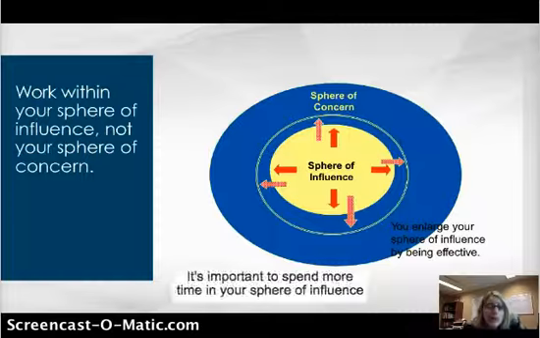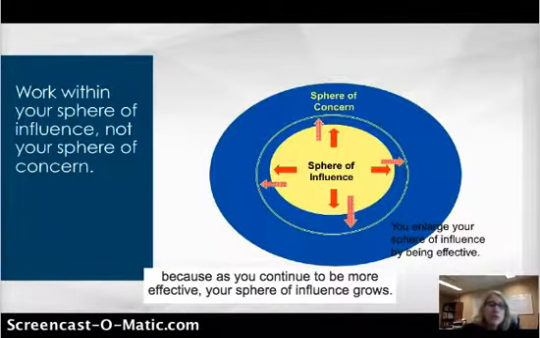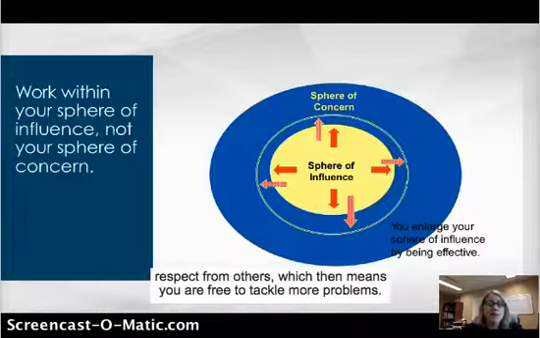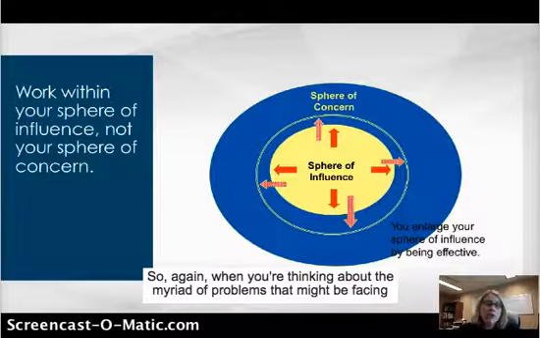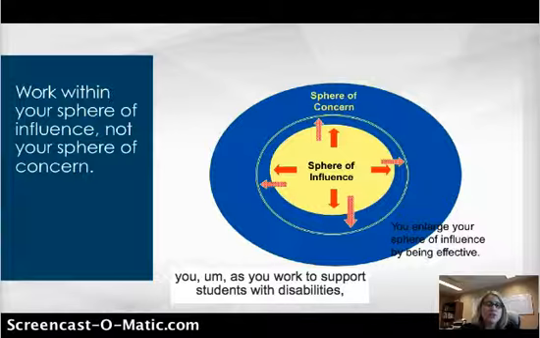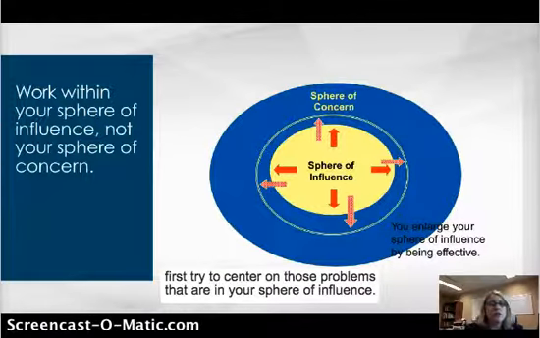It's important to spend more time in your sphere of influence, because as you continue to be more effective, your sphere of influence grows. You start to gain more power and respect from others, which then means you're free to tackle more problems. So again, when you're thinking about the myriad of problems that might be facing you as you work to support students with disabilities, first try to center on those problems that are in your sphere of influence.